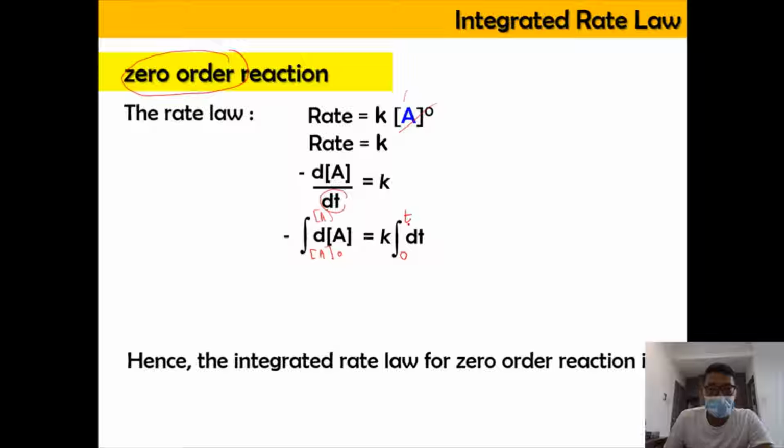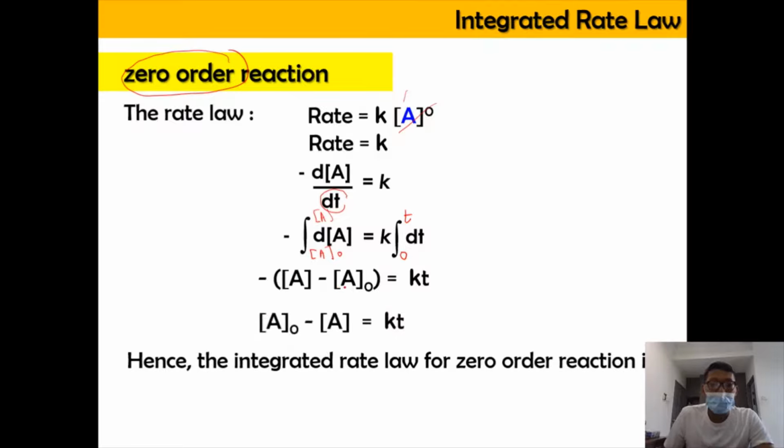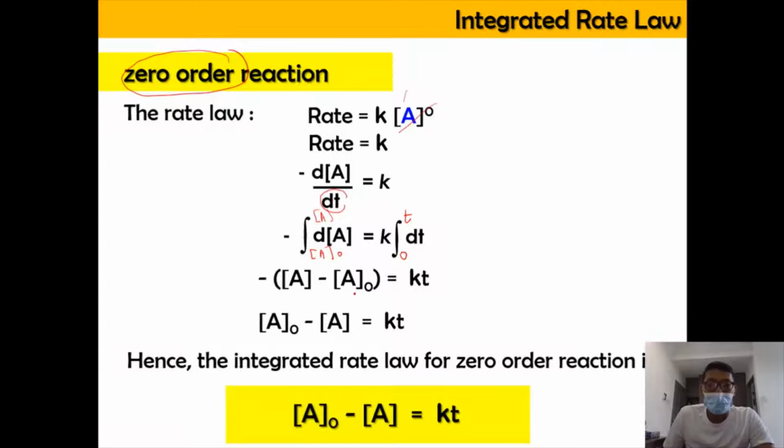Once you do the integration, you will get negative (A minus A0) equal to kt. So as you do the maths and put the negative into the brackets, you will get A0 minus A equal to kt. So lastly, the integrated rate law for the zero order reaction is A0 minus A equal to kt.